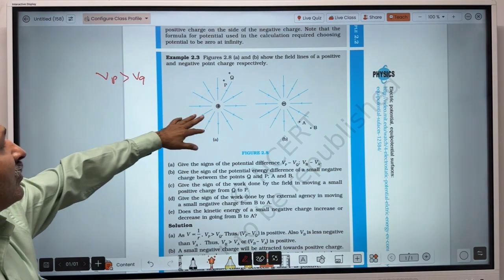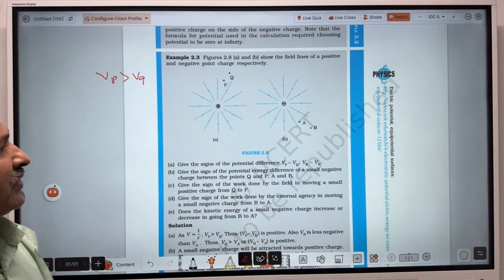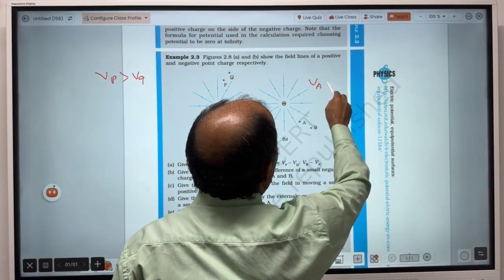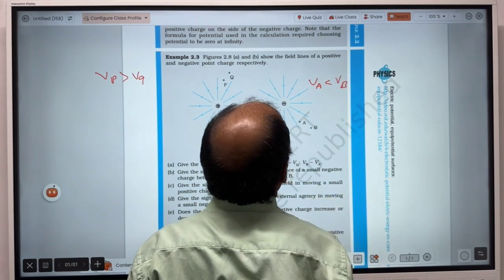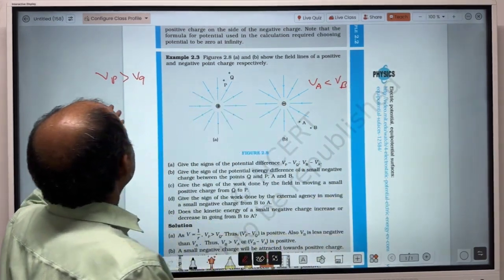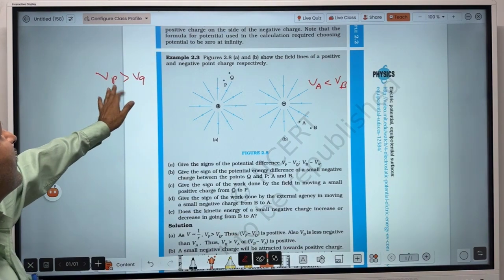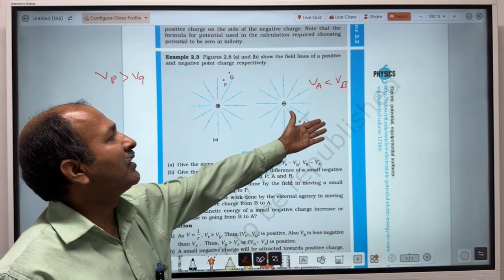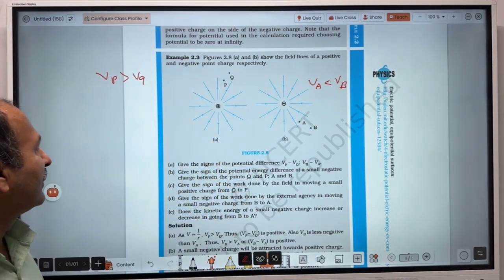This is the case of a positive charge, but in the case of a negative charge it will be just the reverse. So in this case Va will be less than Vb. This is how you can easily determine the sign of Vp minus Vq, or Vq minus Vp, whatever. Similarly, if you want to find Va minus Vb or Vb minus Va, you can answer accordingly. That is simple.